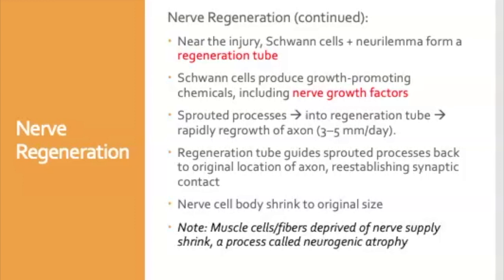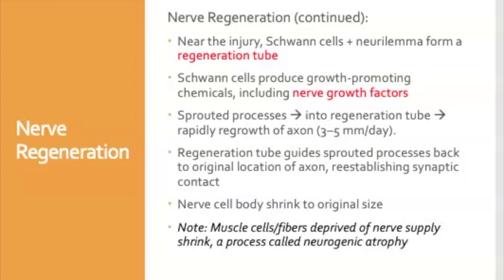Now, a couple other things to know, and this is important. When a nerve is transected like this, and the distal part of the axon dies, remember that that axon synapsed with something like, say, a muscle fiber. When the distal part of the axon degenerates and degrades, and the synapse with the muscle is lost, that's a really important loss for that muscle tissue.